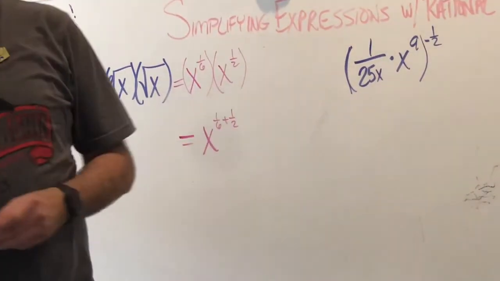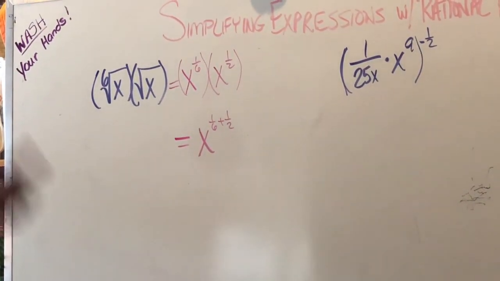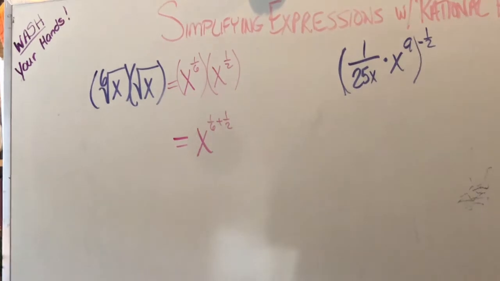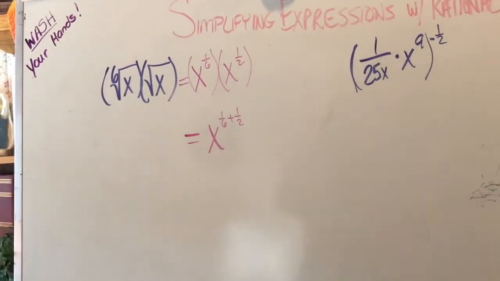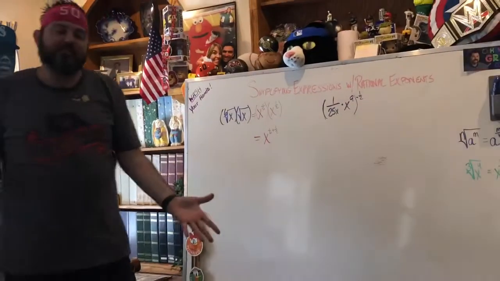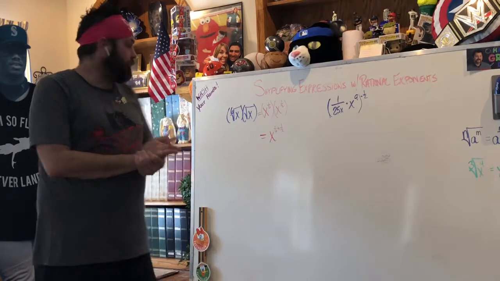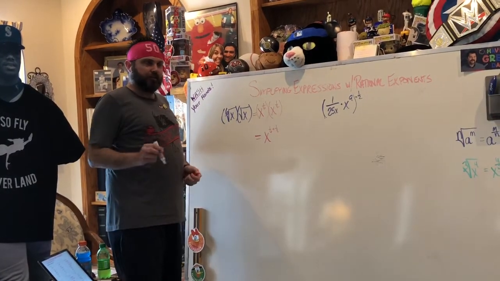So we have x to the 1/6 plus 1/2 power, but we can't add these fractions the way they are right now, can we? We learned long ago that to add fractions together, something has to be true. What is it? We have to have the same denominator. So we've got to rewrite 1/6 and 1/2 so they have the same denominator.